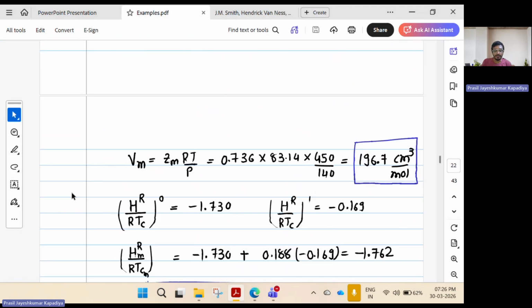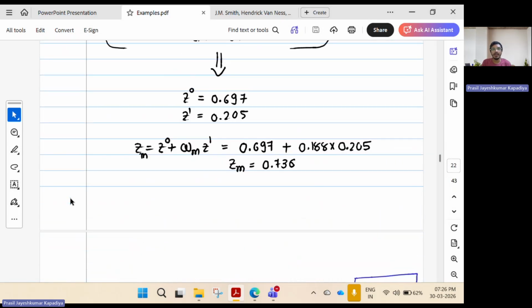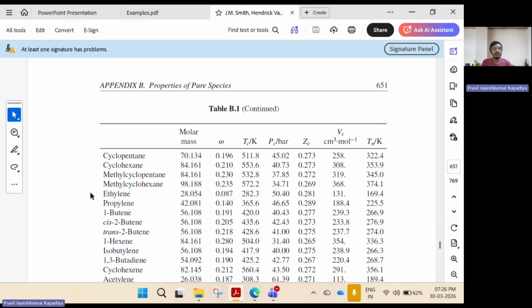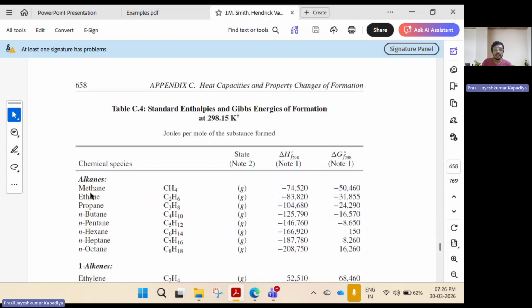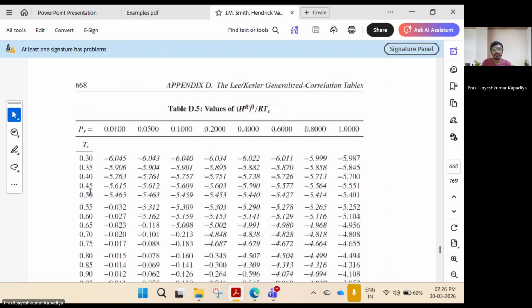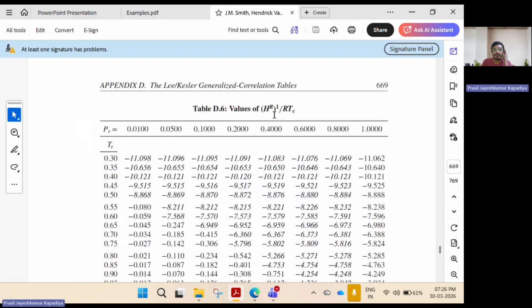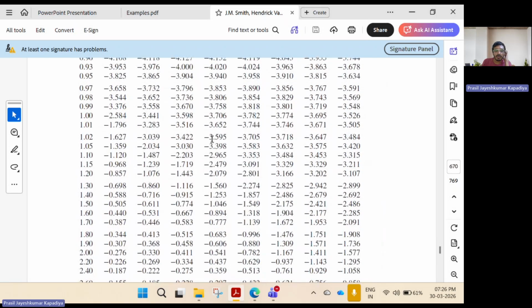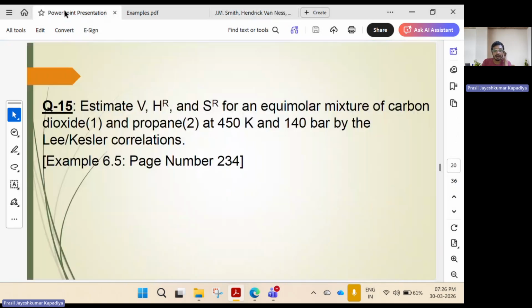Okay. Now, further, we need to find the reduced enthalpy and reduced entropy. For these, we have these plots. This HR naught by RTC at PR equal to 2.4 and TR equal to 1.33 is something like minus 1.56.